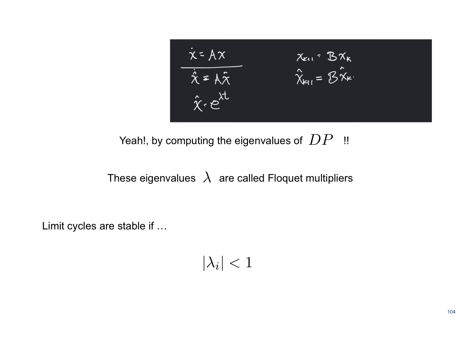Let me write this down. For example, let's call B v equal lambda v. So these are the eigenvectors of B, and these are the lambdas associated with those eigenvectors.